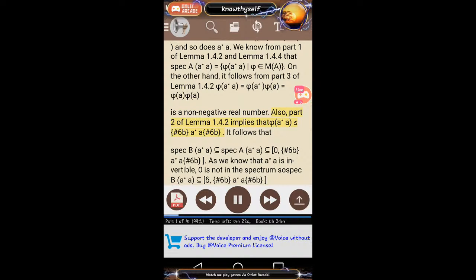Also, part 2 of lemma 1.4.2 implies that φ(a*a) is less than or equal to ‖a*a‖. It follows that spec_B(a*a) is contained in [0, ‖a*a‖]. As we know that a*a is invertible, 0 is not in the spectrum, so spec_B(a*a) is contained in (0, ‖a*a‖].